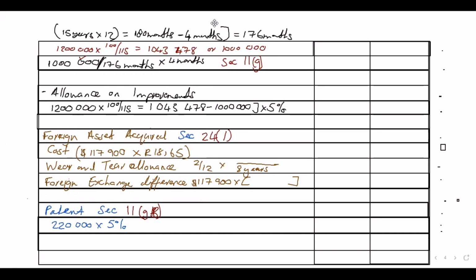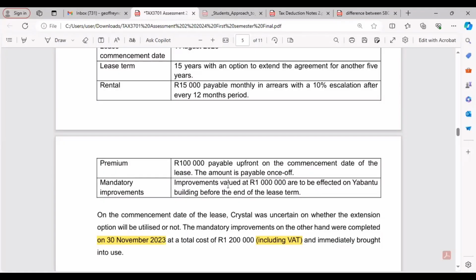Their question is, the improvements were valued how much? 1 million. So for those 4 months, yes, you spend 1 million. So now the cost is there because you've completed everything. Then you can now claim that cost over the term after completion.